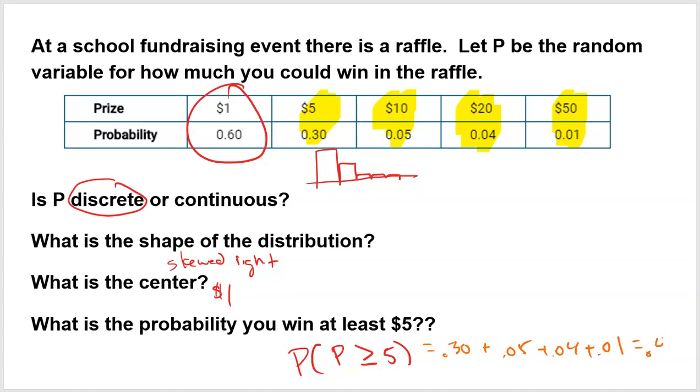That's going to be 40% chance. Now, the opposite of that would be you don't win at least $5, which another way I could have gotten 40% is to simply say, well, the only outcome that I'm not happy with is $1. That's 60%. So that means there's a 40% chance that I win $5 or more. But again, adding them up is very, very simple to do.